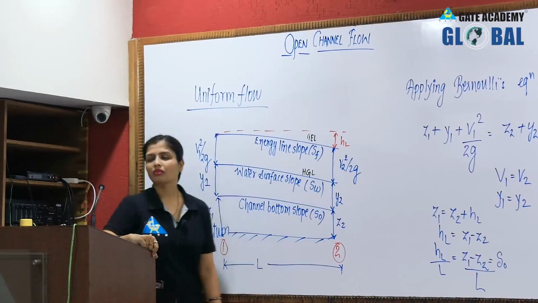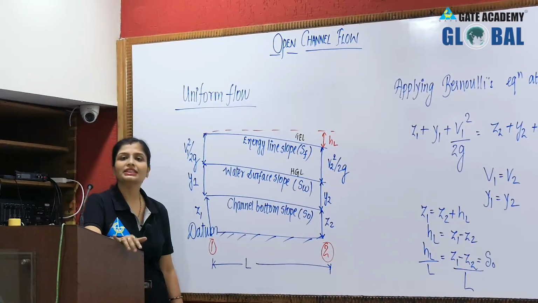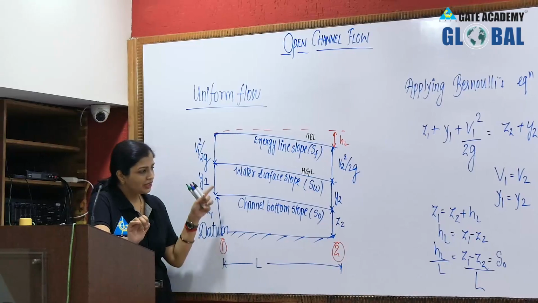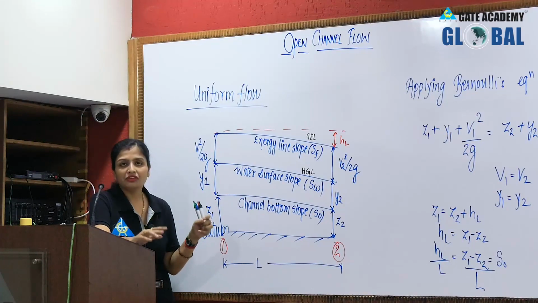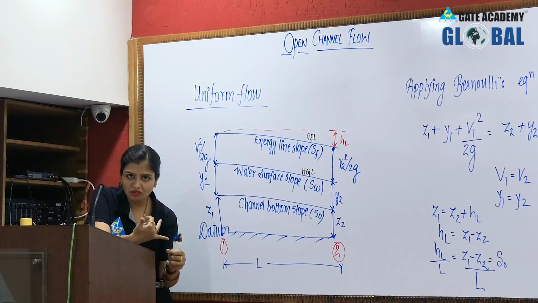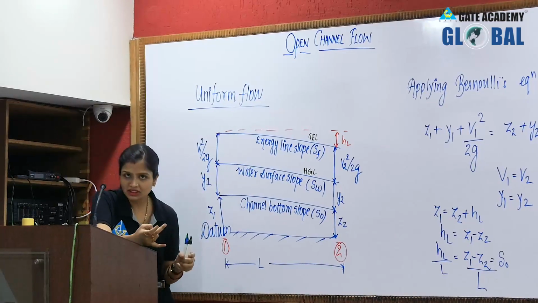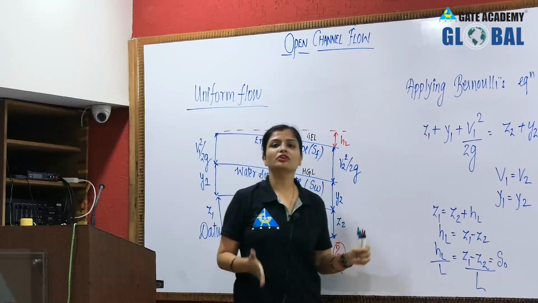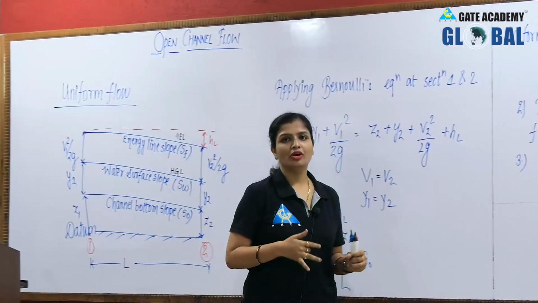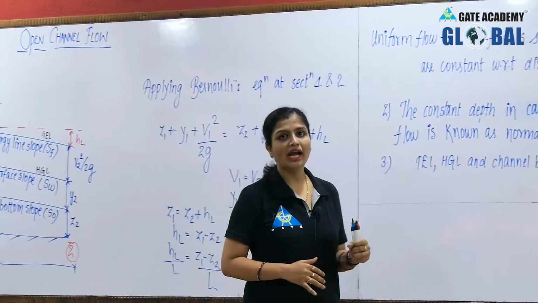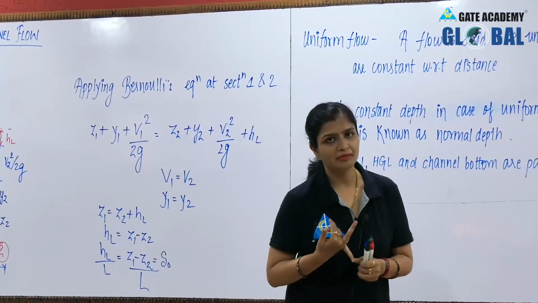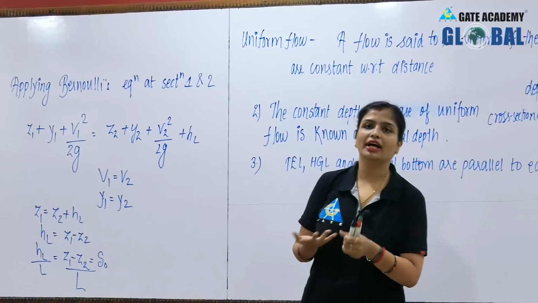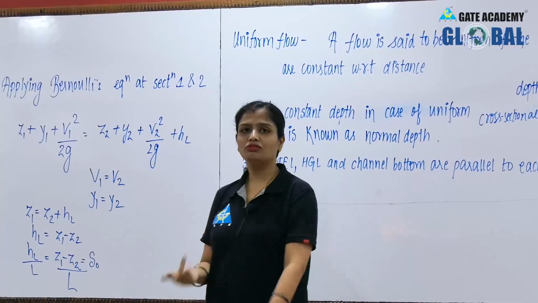I told you the conditions and characteristics of uniform flow. But if I have to design a channel section for uniform flow, I need the velocity, the discharge, the area, and the depth of flow.